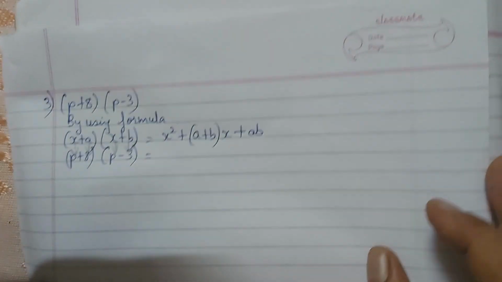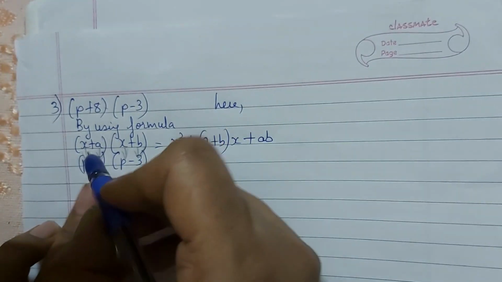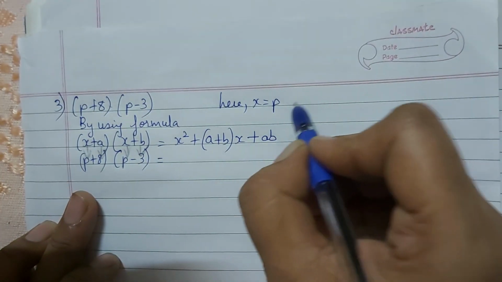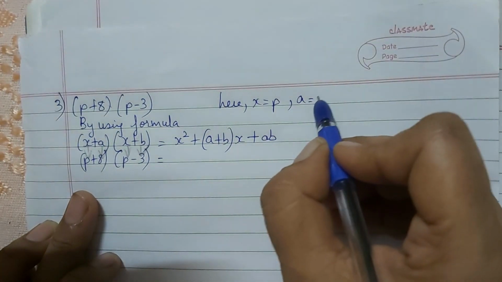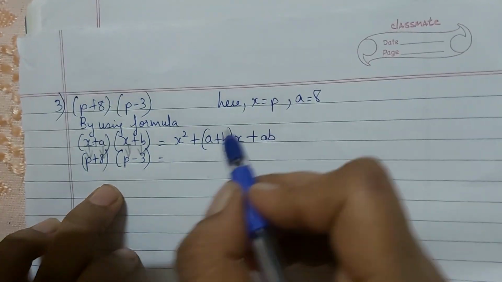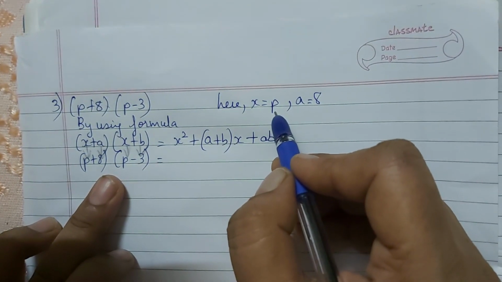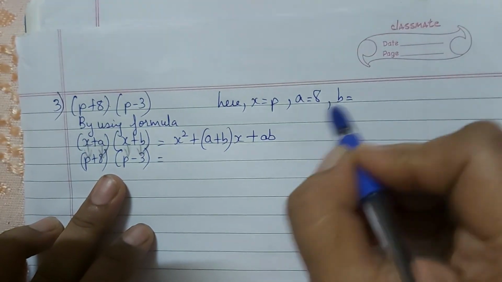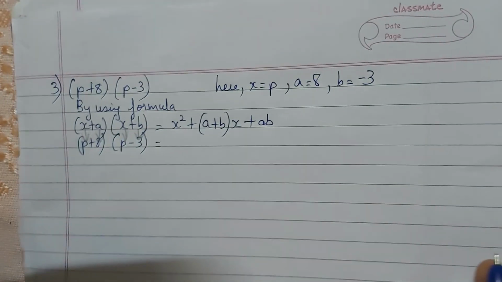So to make it easier, we are going to write it over here. x value is p, comma, a's value is 8. x value is p, so we have written already, no need of writing again. b's value is minus 3.